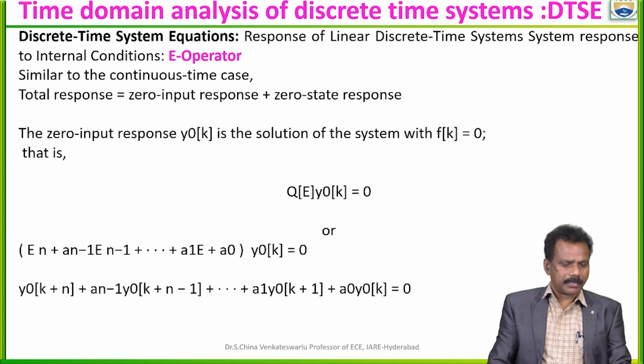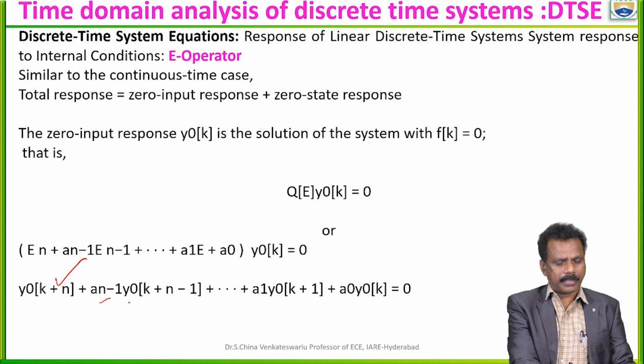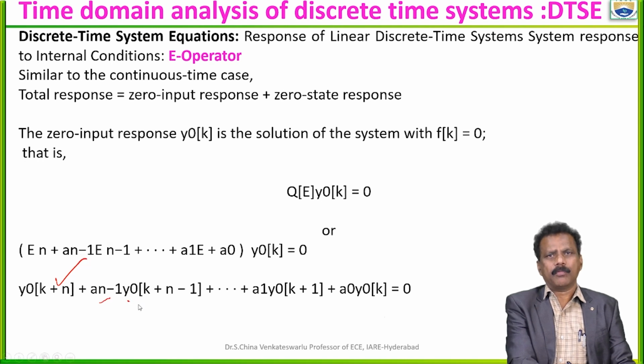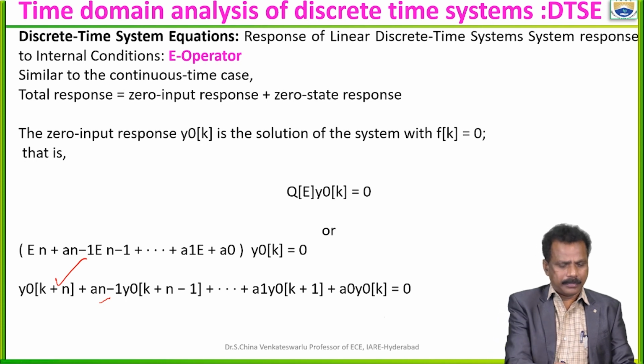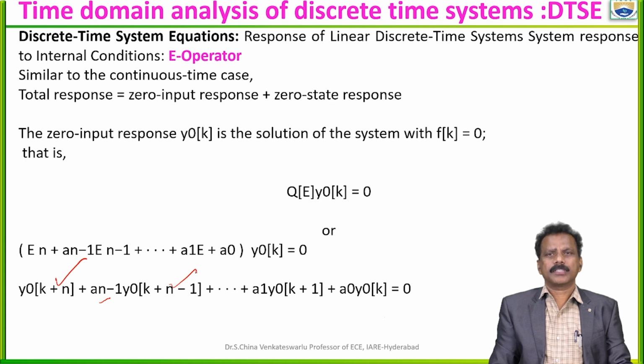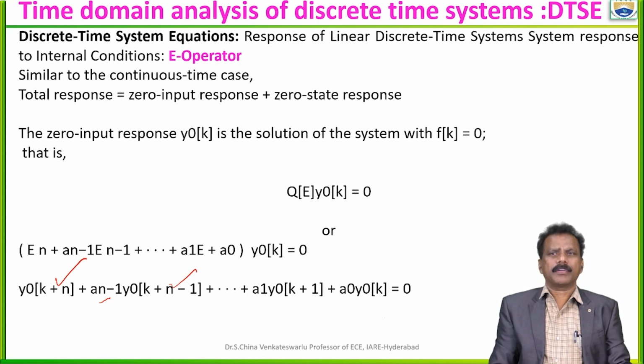Or we can consider y naught of k plus n, plus a_{n-1} into y naught of k plus n minus 1, plus so on, plus a1 y naught of k plus 1, plus a naught y naught of k equal to 0.